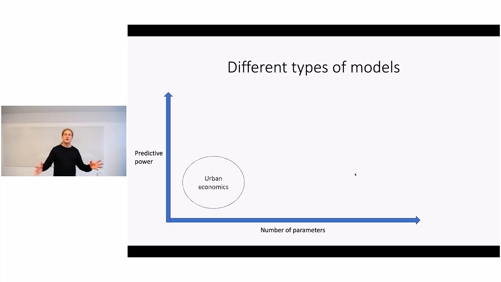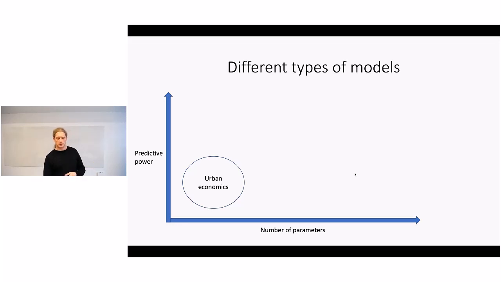So first we have these urban economics models, like Fujita, for example. They don't have so many parameters. They have basically distance to city center. That's just one parameter. But the predictive power, as I said, is not so good, because you have to point out a city center and there are just fixed distances.